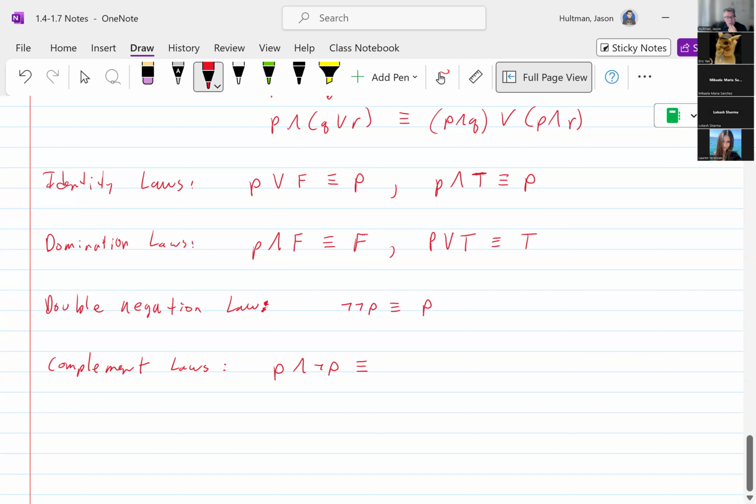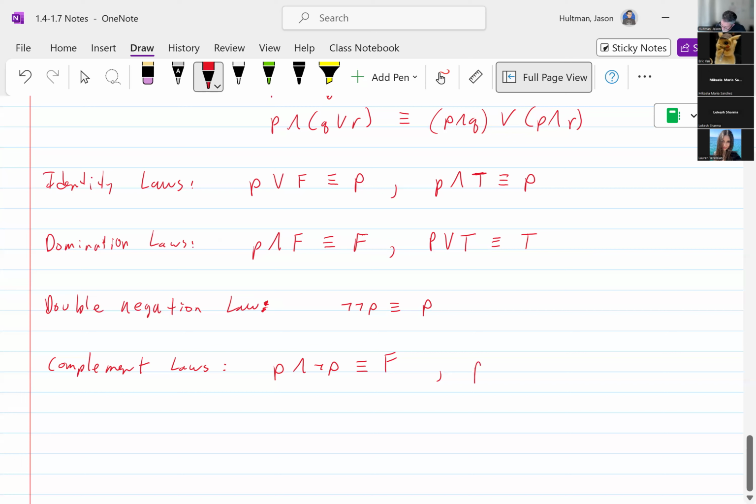If P is true, not P would be false. Put those together, I get false. If P is false, then not P is true, put those together, it's still false. So either way, it's false.